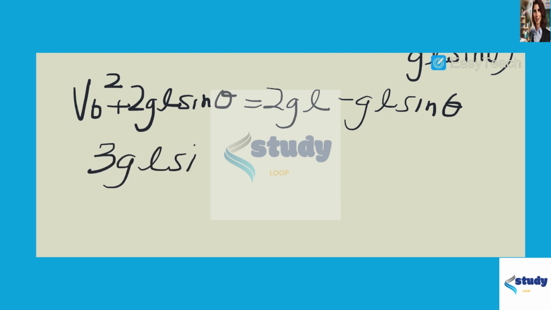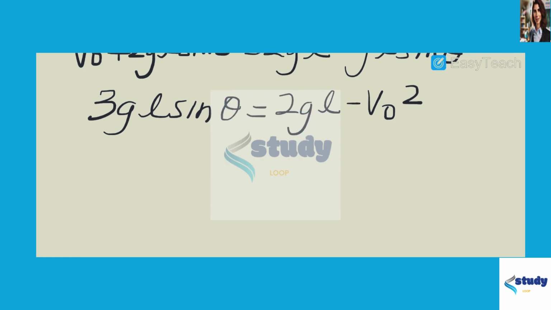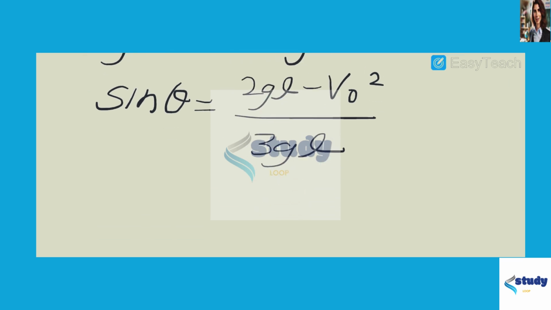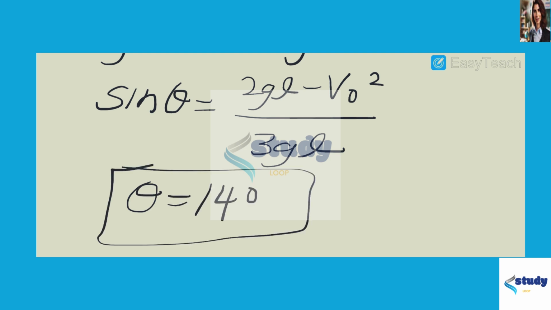So we have 3gL sine theta equals 2gL minus v0 squared. Now if we solve for sine theta, we get sine theta equals 2gL minus v0 squared all over 3gL. By taking the inverse sine of both sides, we get that theta is equal to 14 degrees. And that is our final answer.